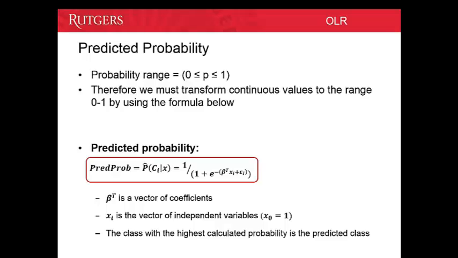We use the formula that shows on the screen. Here again, beta is the vector of coefficients in the same way as before, and this is the predicted probability that the record X would fall in the class I, or would take the value Ci, given those independent variables.